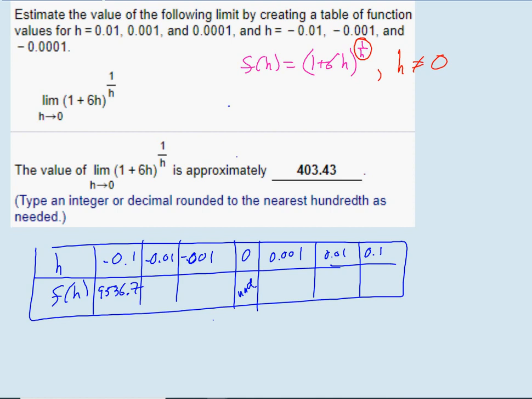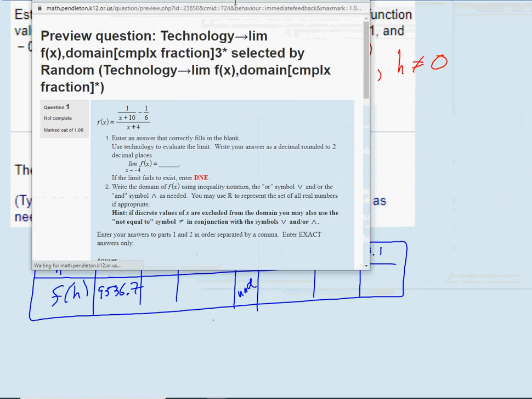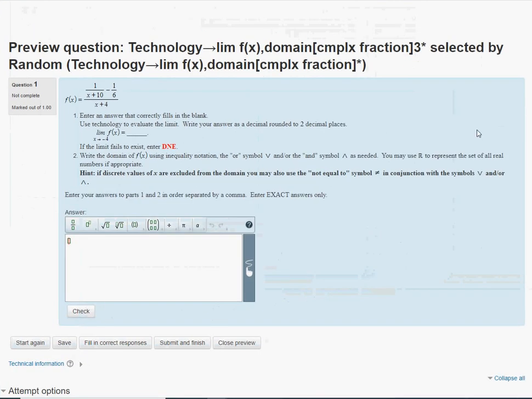Here it is. One like this. Something like that, right? I don't think you're straight. Oops. Is that better? Okay, there we go.